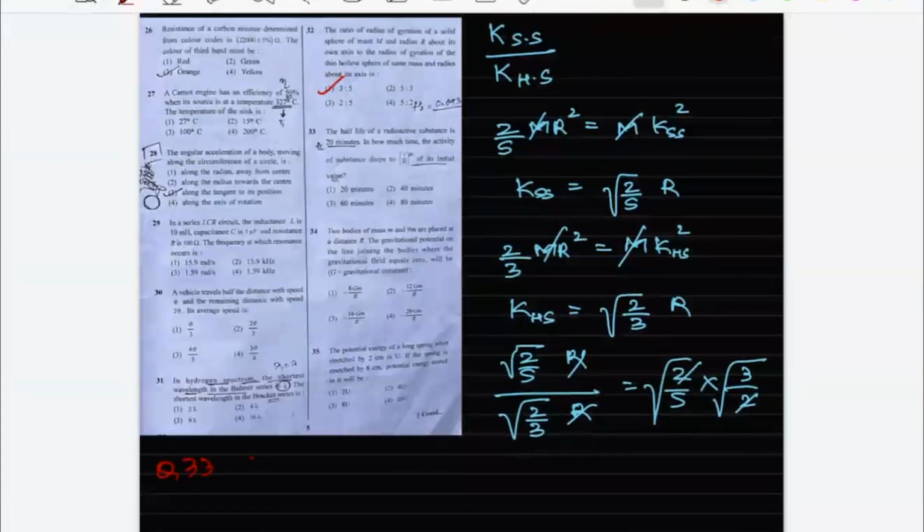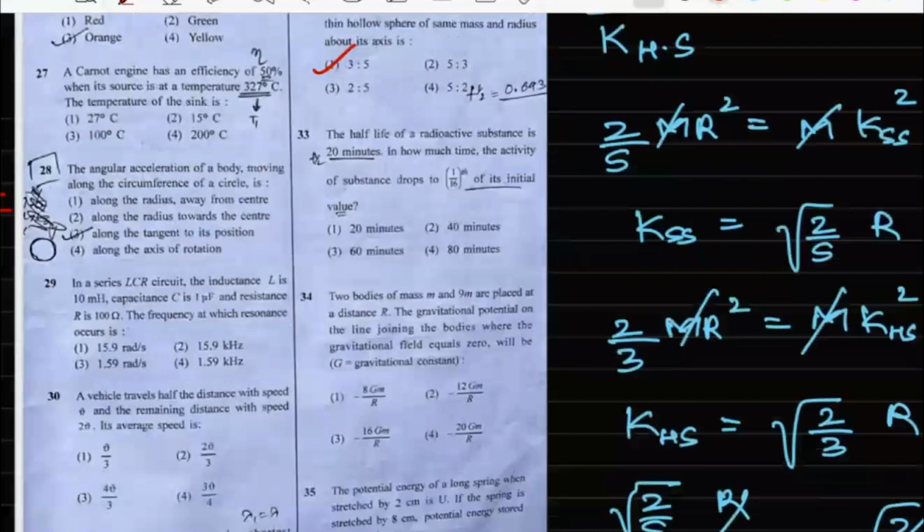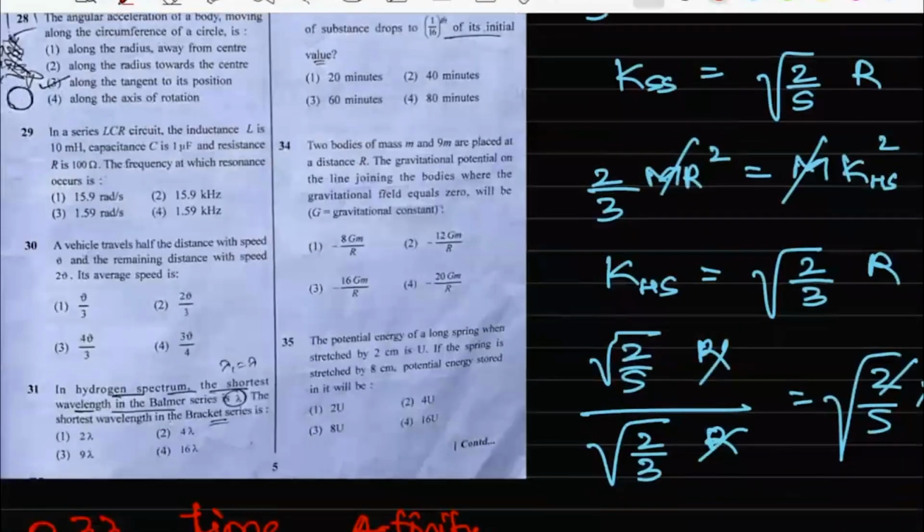So you can say time versus the activity. So t equal to 0, the activity is, or I have, N0. Okay, and so I want 1 by 16th of the initial value.